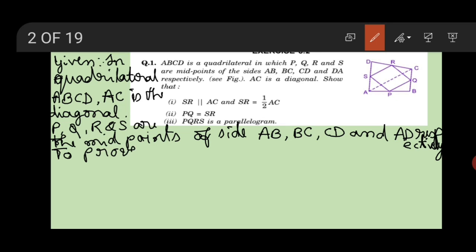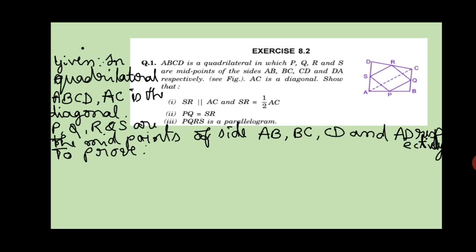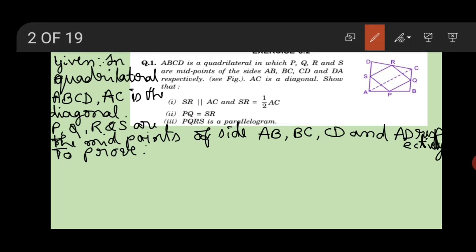Then to prove, what we have to prove, it's already given here. See, 1, 2, 3. These are to prove. Write down the same. SR is parallel to AC and SR is equal to half of AC.